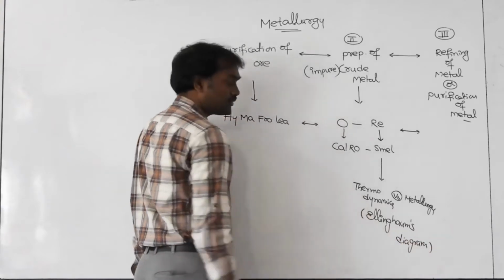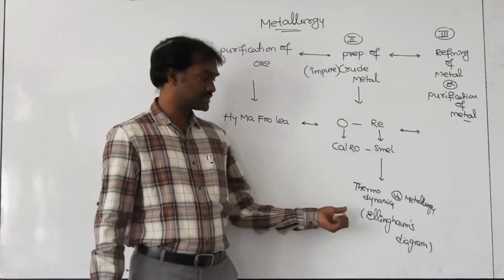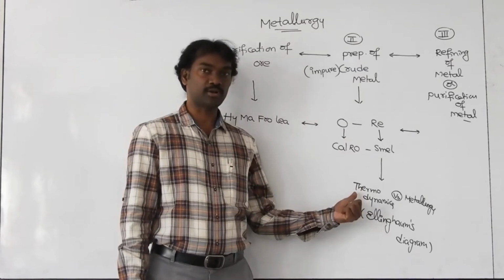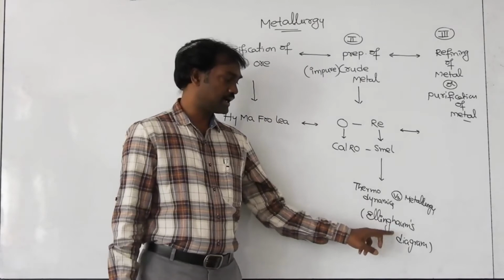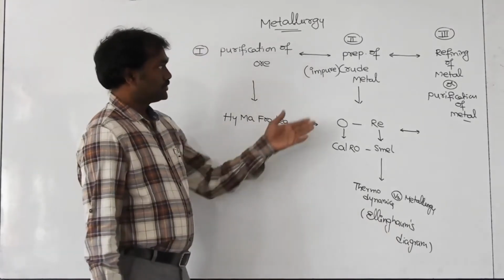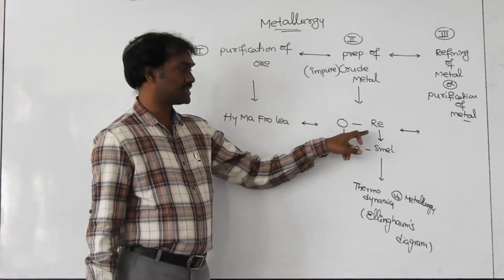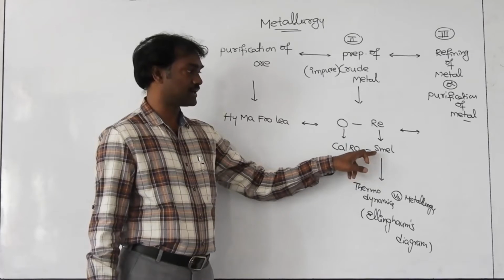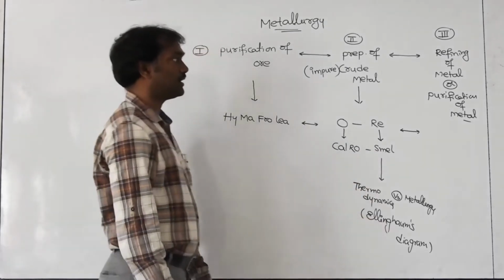Which one is reducing which metal? There is no need to memorize all those things. Based on the experimental data in thermodynamics, a spontaneous process gives free energy, and based on that we identify this. So in the preparation of crude metal, we have two concepts: oxidation, reduction. In oxidation, calcination and roasting. In reduction, smelting. In the smelting process, we discuss Ellingham.